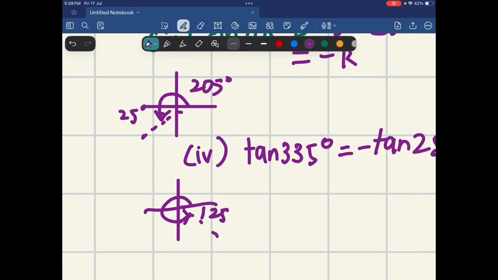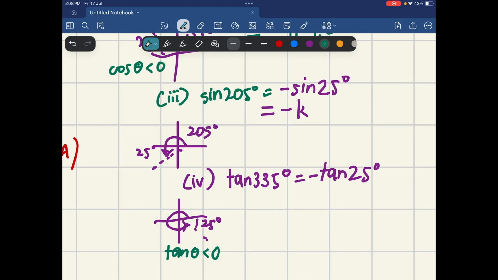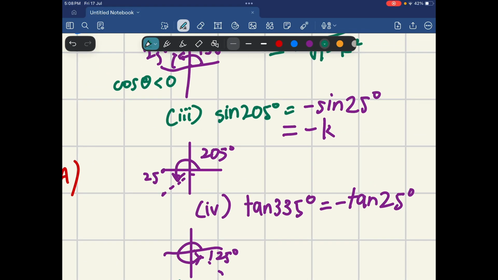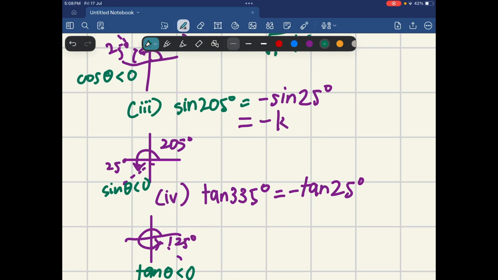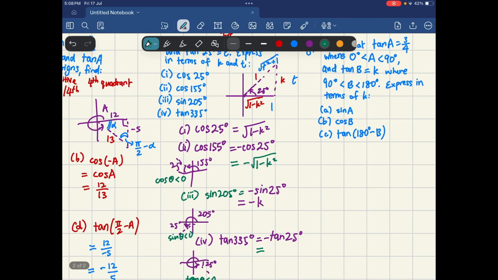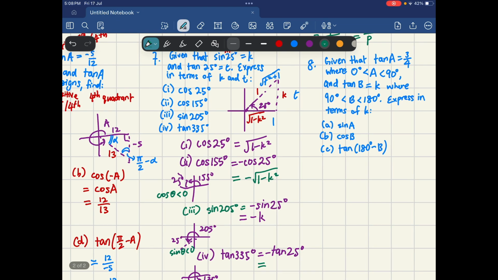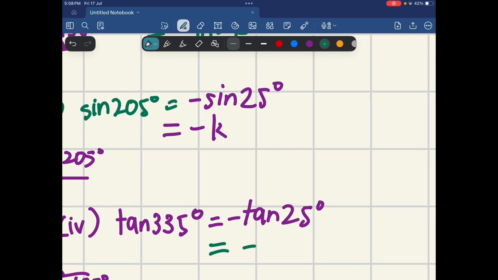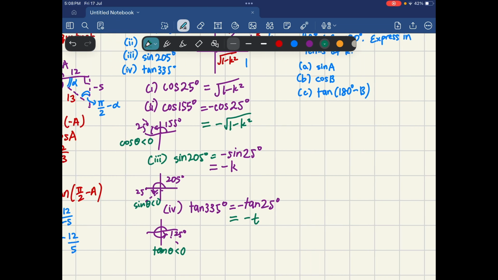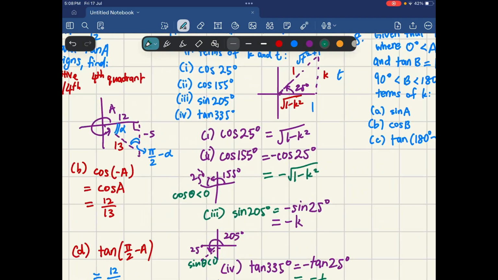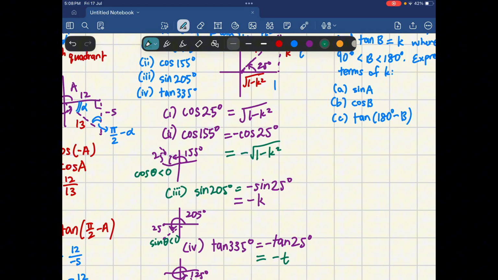Reference is 25 degrees. But my tangent will be negative because fourth quadrant. So tangent 25, it's given as t. So this is minus t. So there we go. These would be the best answers.